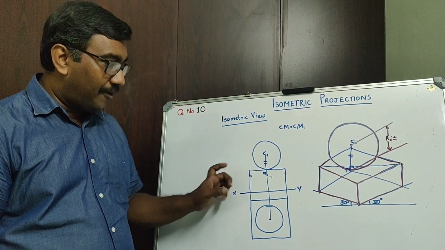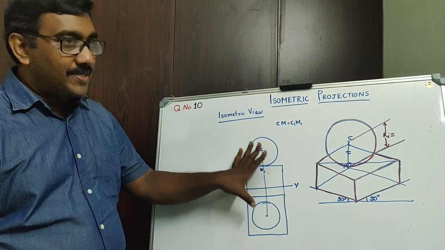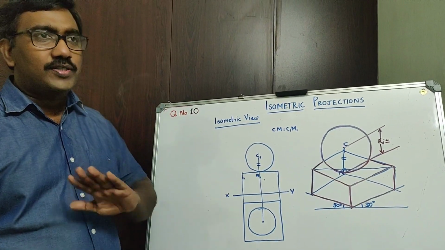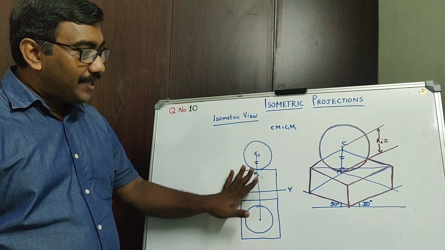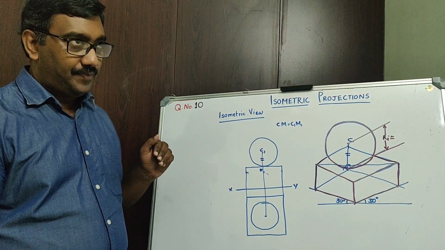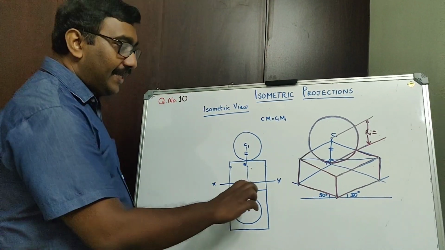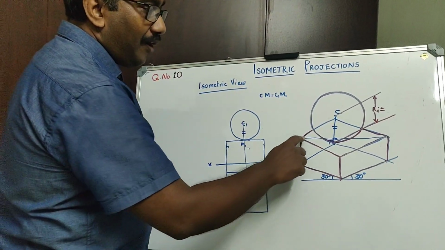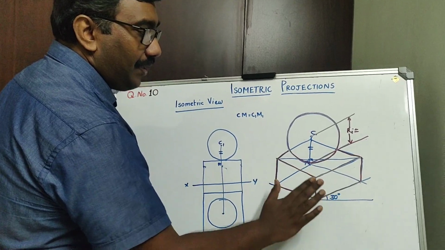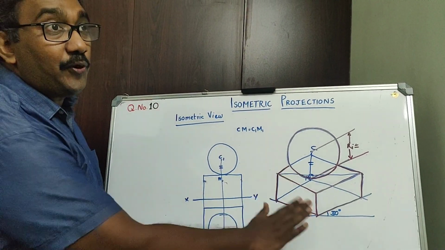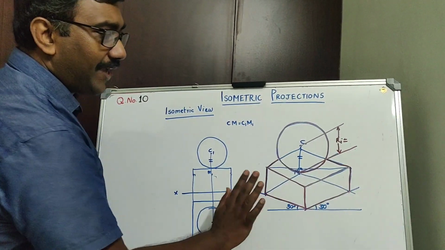Okay, you must be careful. You are drawing with actual dimensions in simple position. There is no change in that. So you are completing the simple position. After drawing the simple position, you are taking the dimensions from simple position and drawing the square slab in this isometric view. You are using isometric axis.